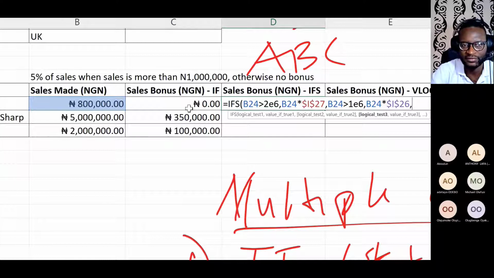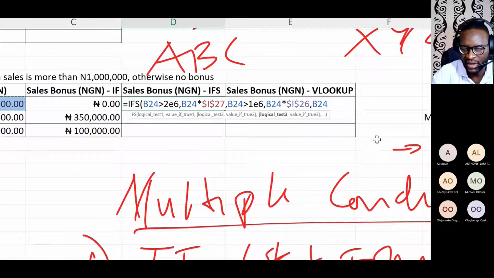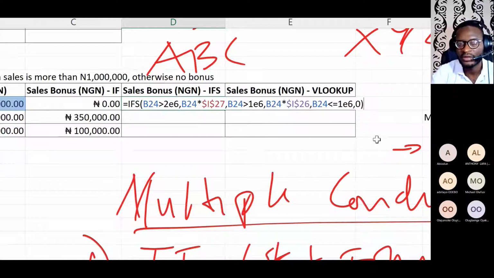So if it is less than or equal to 1 million, then the person gets 0.